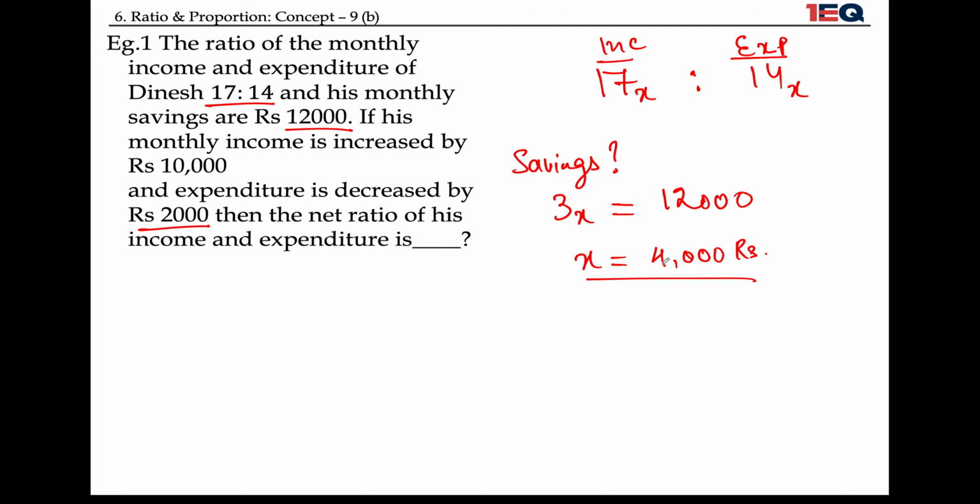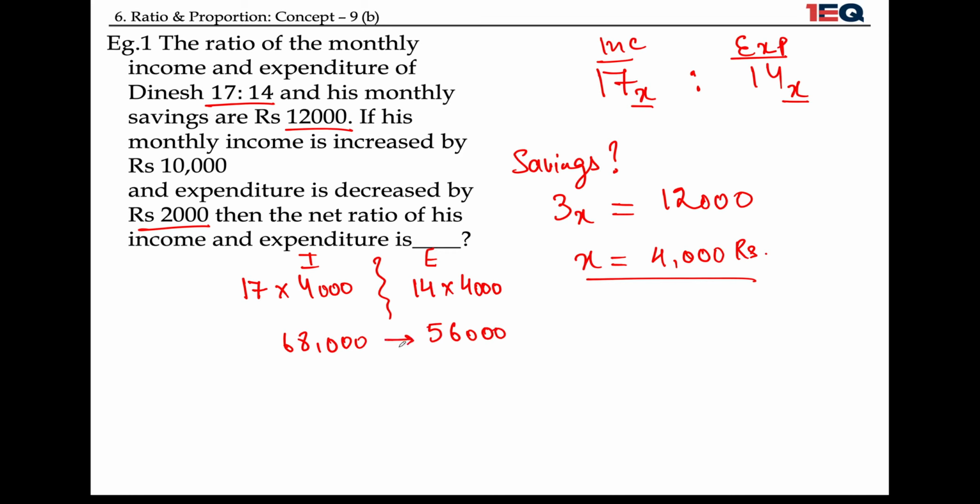Now, let me directly take you to the income and the expenditure. If I have found out the value of x, I can plug it back into the income and the expenditure. 17 multiplied by 4,000 would give me the income, and in a parallel way, the expenditure would come out if I multiply 14 by 4,000. 17 fours are 68, so the income is 68,000, and 14 multiplied by 4,000 is equal to 56,000.